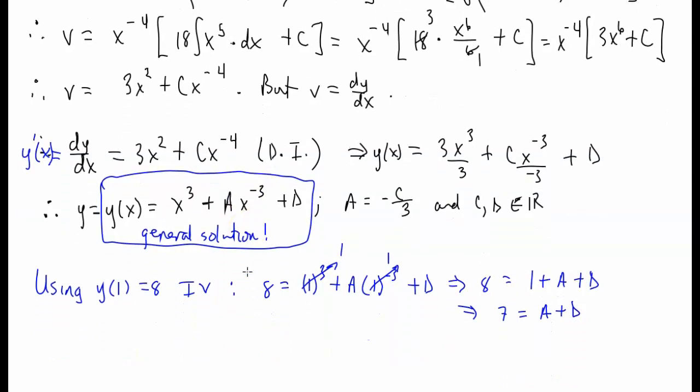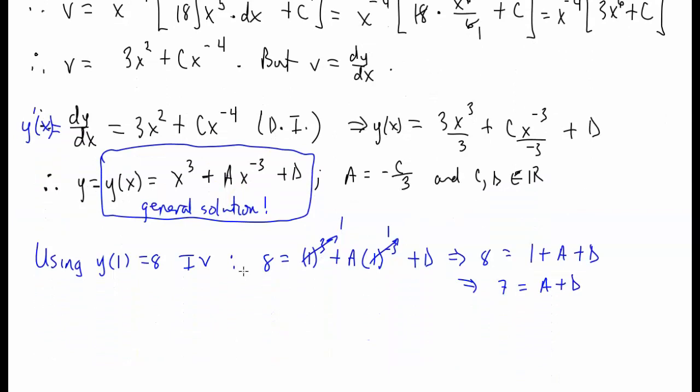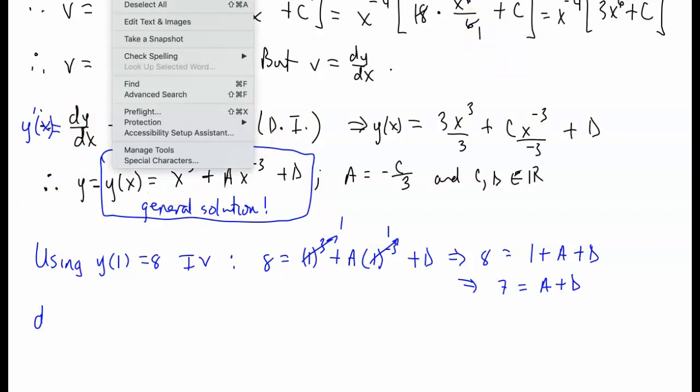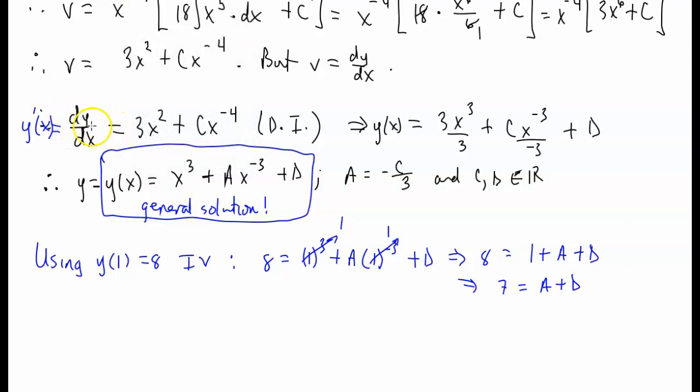All right, moving forward, notice that we have dy over dx. We're going to use this first derivative for the second condition. So dy over dx is equal to 3 times x squared plus c.